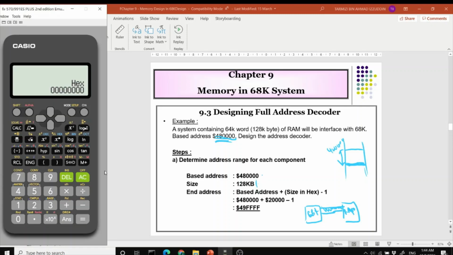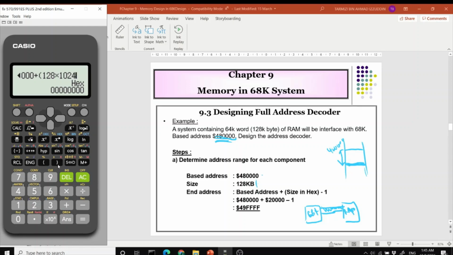Okay, you have your base address at 48000000. And then the size of your memory that you are going to connect to your 68K is 128 kilobytes, which means 128 times 1024.